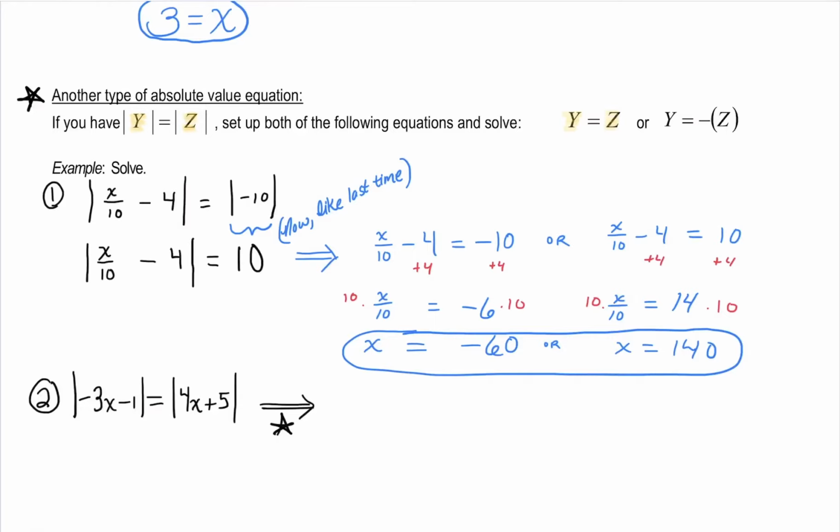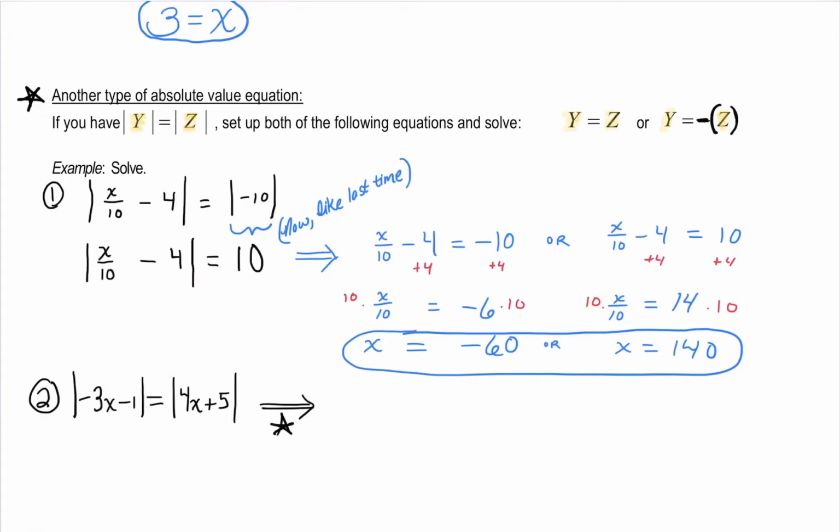So we say that one of them could equal the opposite, and these parentheses are going to be super important if there's more than one term, which we're going to have: if one is equal to the opposite of the other. Again, if one's 5 and one's negative 5, if you take their absolute value, they're equal. So if two quantities are equal in absolute value, that means they were either equal to start or they were opposites.